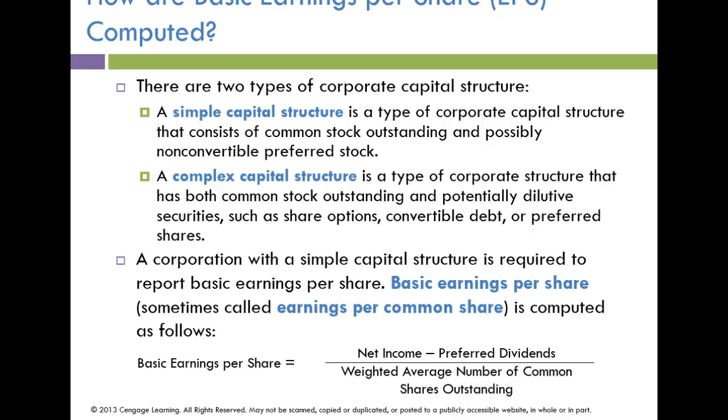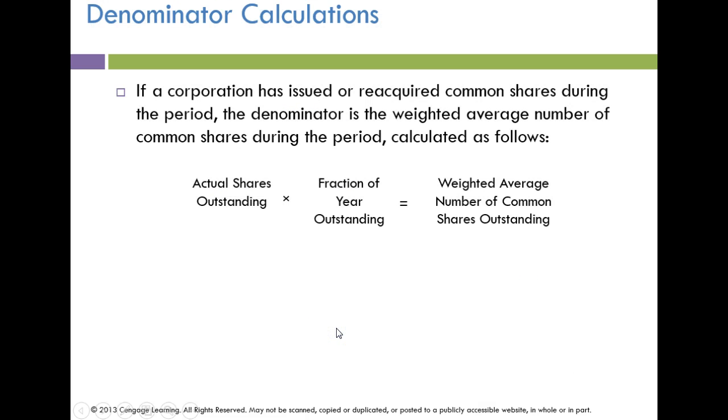So basically, a simple structure is needed in recording earnings per share. We take the net income, we subtract out those preferred dividends, we know they get the money. After that, we divide it by this weighted average. So I think what I want to do right now is kind of pause and start working at something.